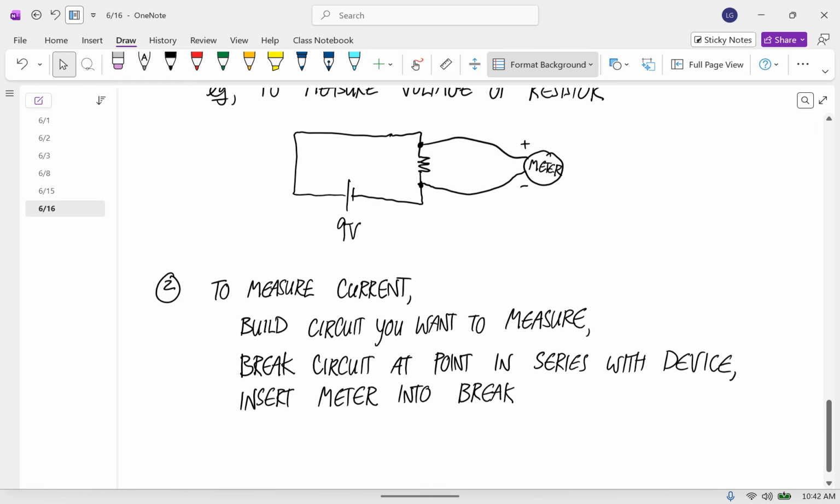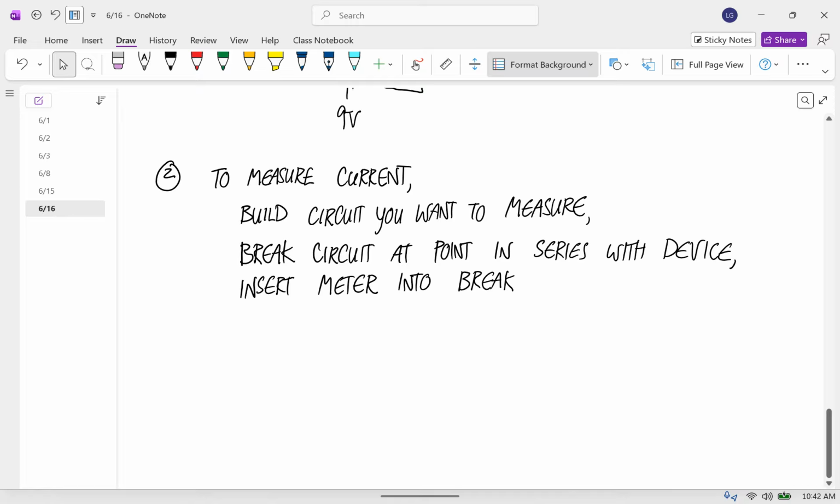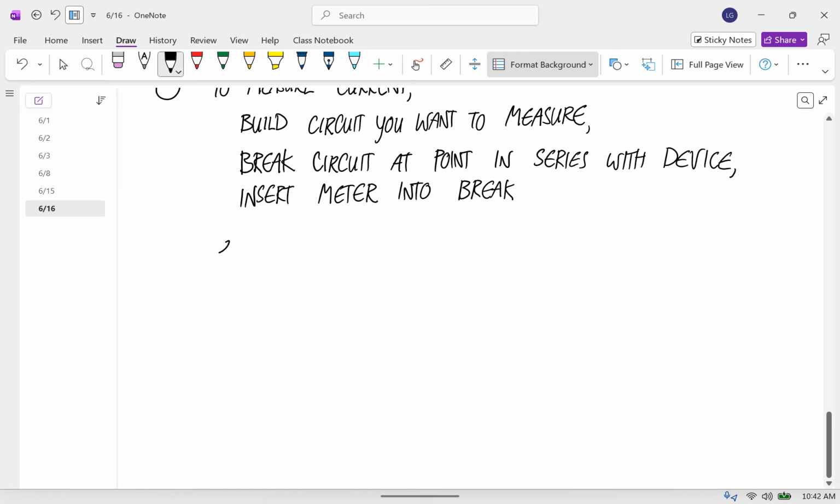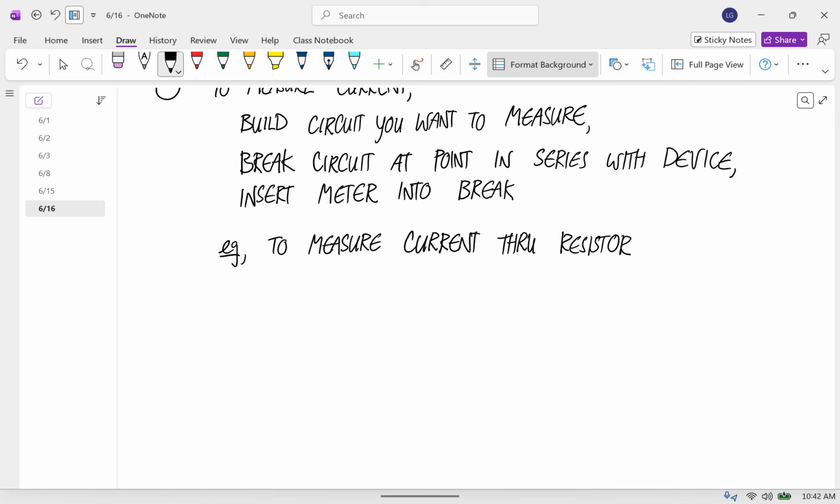So let me show you, in this case, how that would look. For example, to measure the current through a resistor, okay, so there's the working circuit.